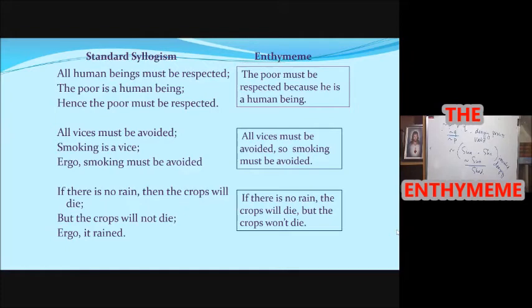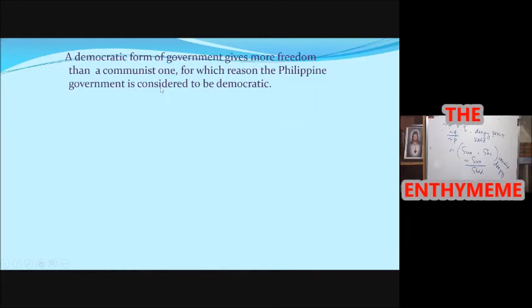Then we must be able to analyze this enthymeme, express the enthymeme into this form, and then check if this enthymeme, once reduced or converted into this form, is a valid or invalid argument. Okay, now the question is, how do we do that?